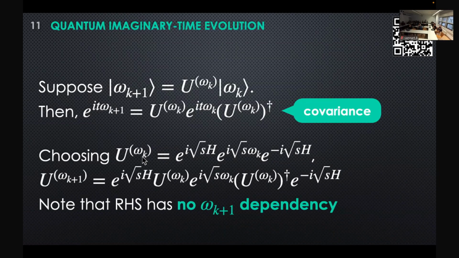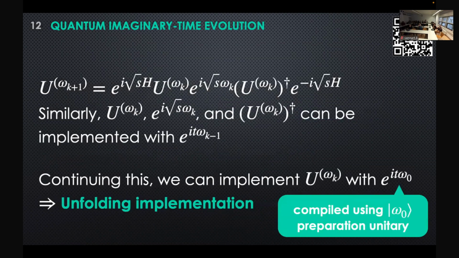So choosing this u of omega k as our original recursion that we defined for dB-kite, we write u of omega k plus 1 with all the terms that only depend on omega k, so the right-hand side has no omega k plus 1 dependency. And similarly, the things that depend on omega k can be rewritten as ones that depend on omega k minus 1 and so on.